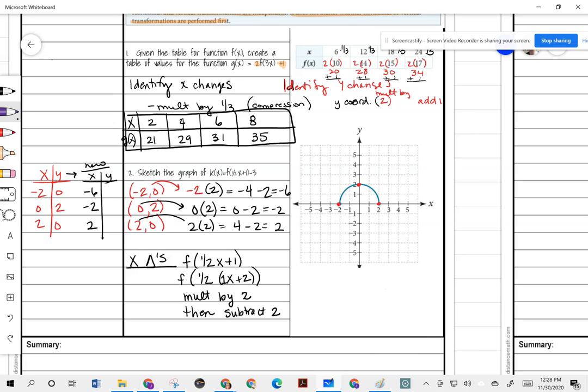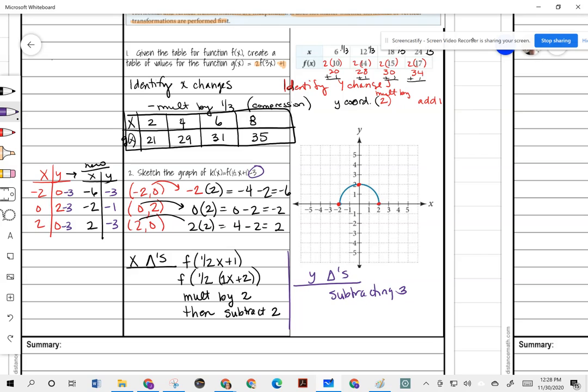Now let's go ahead and look at my y changes. Okay, so my y changes are going to just be subtracting 3. And that's because of that guy right there. So I've got 0 minus 3. That's going to be -3, -1, and -3.